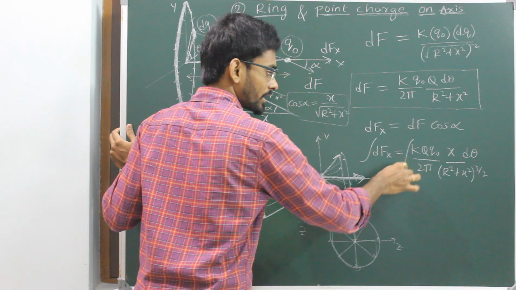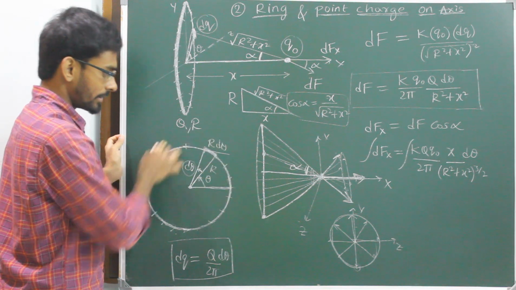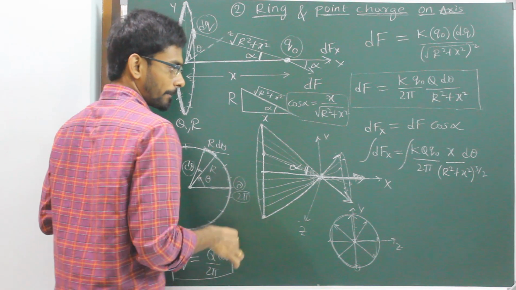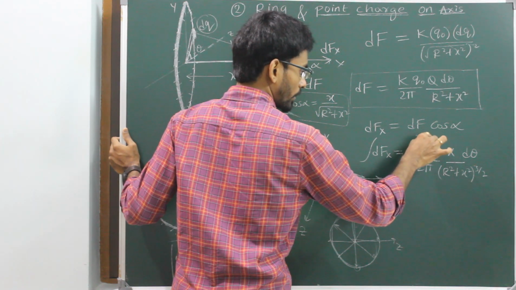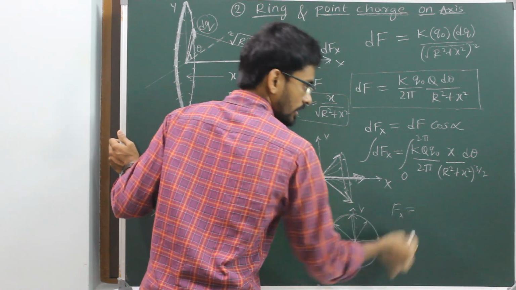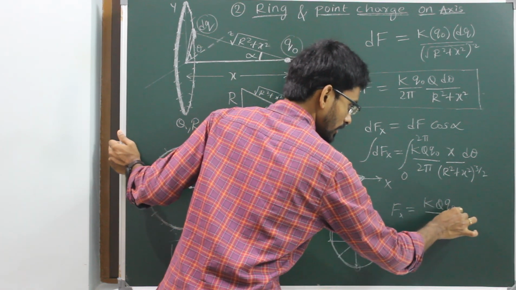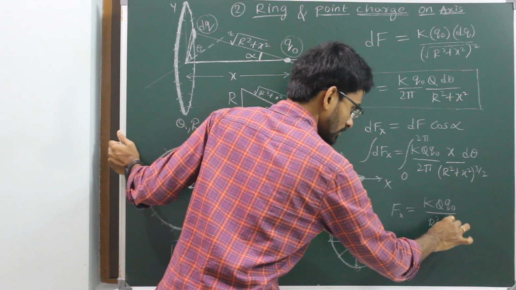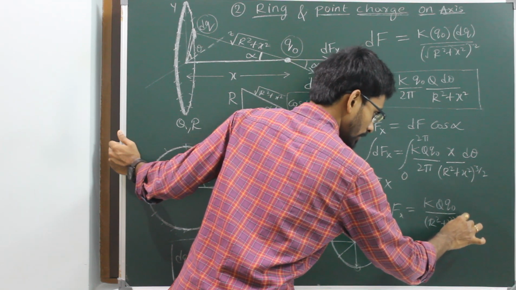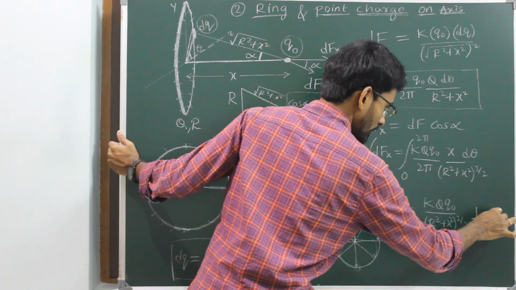From where to where do you want to integrate it? Here theta is changing, the lower limit is 0 and the upper limit is 2 pi. So fx will be k q into q naught, everything is constant, by r square plus x square whole power 3 by 2, into 1 by 2 pi into integral d theta.